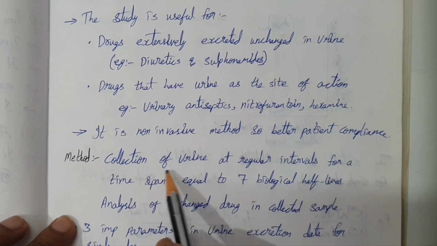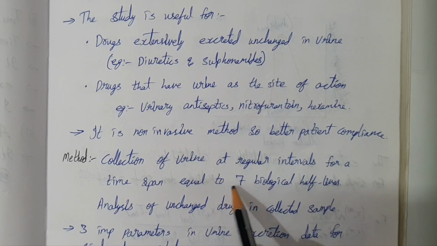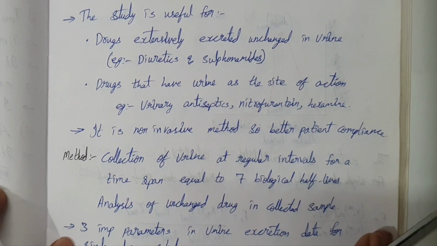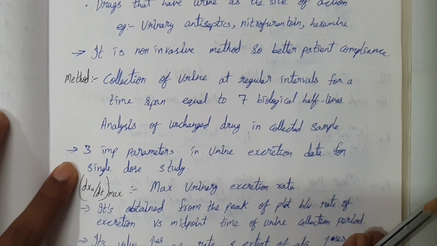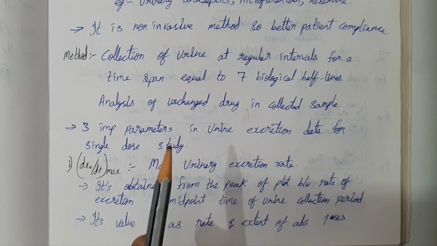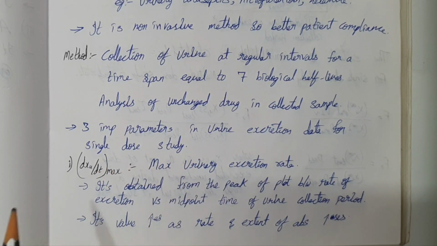We collect urine at regular intervals for a time span equal to 7 biological half-lives. Then we analyze the unchanged drug in the collected sample. Then we have the three urinary parameters for single dose study.